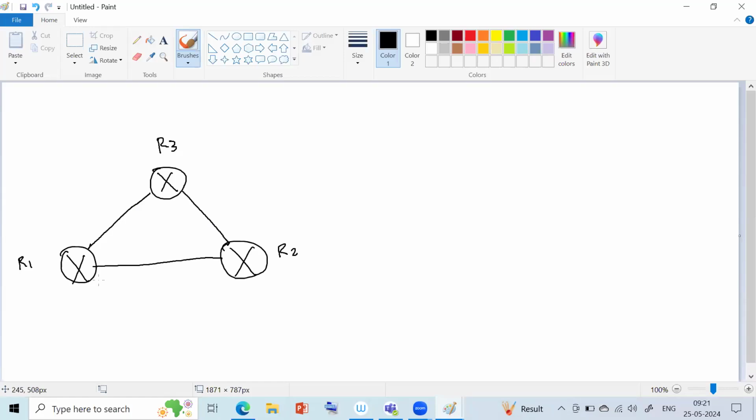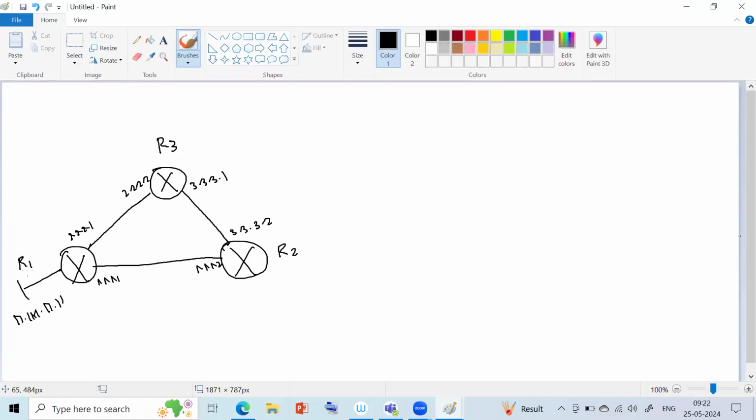They are connected the same, no changes. 1.1.1.1, 1.1.1.2. This is 2.2.2.1, and this is 2.2.2.2, 3.3.3.1, and this is 3.3.3.2. And we have a loopback here, which is 11.11.11.11, right?